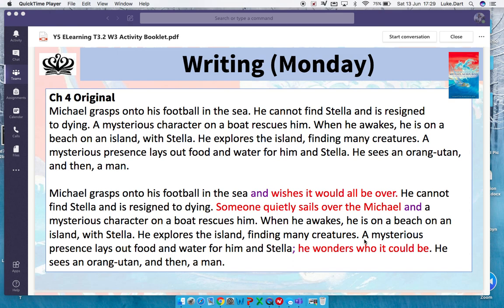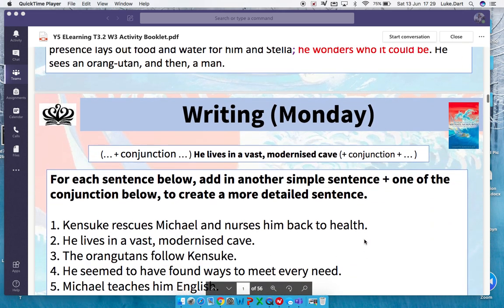Obviously remove the semicolon. Similarly, you can have someone quietly sails over to Michael. That could be a full stop and it could be a sentence on its own. But what we're trying to do is play around with this wonderful English language that we have and make your writing a little bit more detailed by creating compound sentences.